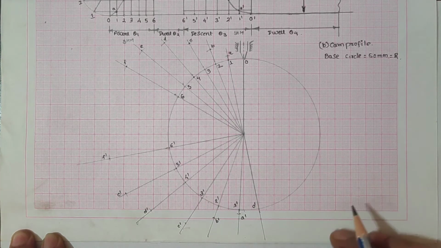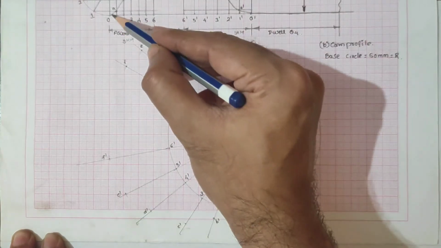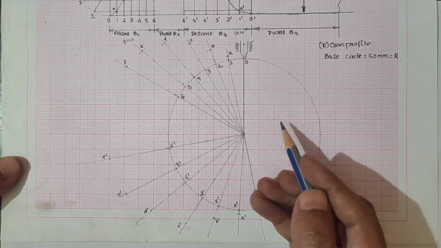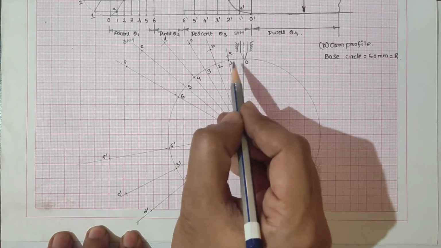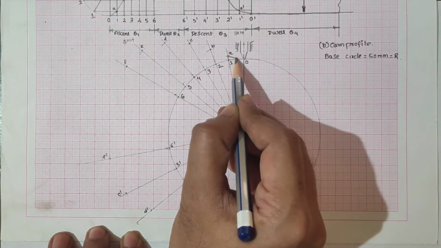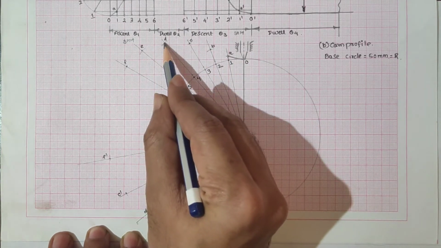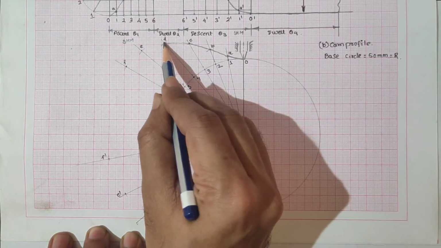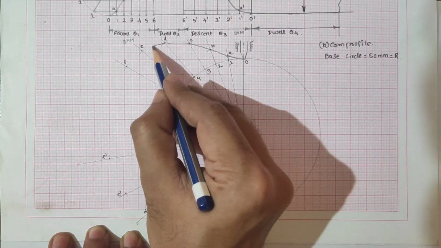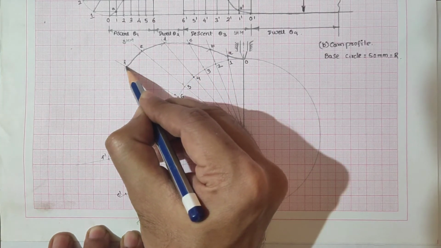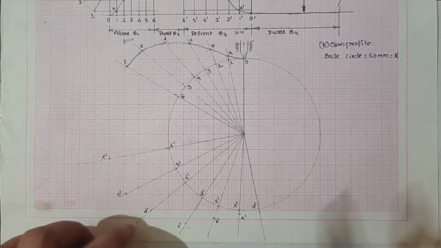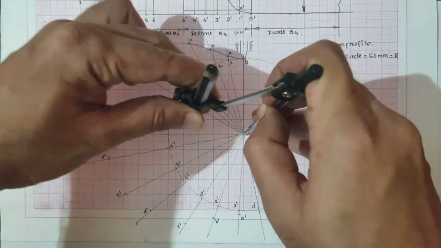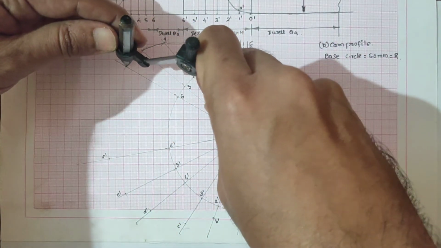Now next is to join all the points. How we have joined with the help of a freehand sketch, in a similar manner we have to join all the points. The curve should pass through all the points. From here to here we don't have any point, so we can take the same.